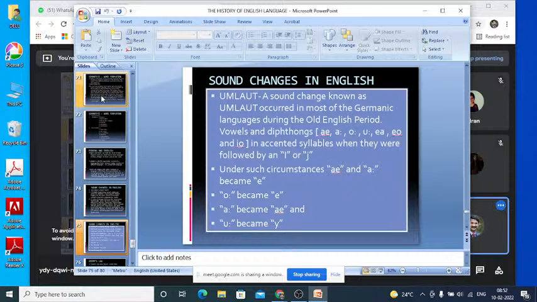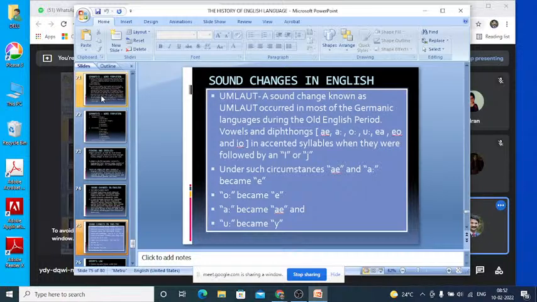This is another change that happens gradually. Remember the a became a, ao, and eo became ea, or even after that these three diphthongs became e.